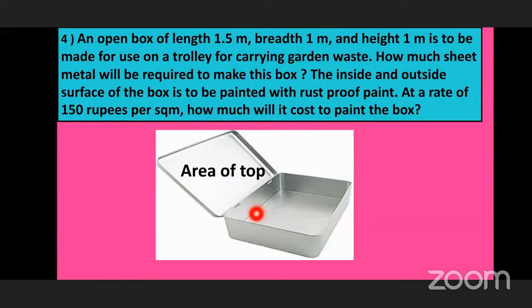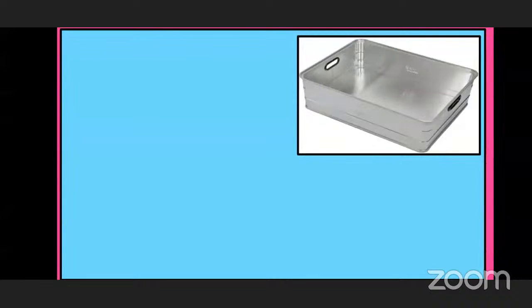I am repeating again, listen carefully. As the box is open, we have to remove the area of the top from the total surface area of this box. Now this is a rectangular box whose length is 1.5 meter, height is 1 meter, and breadth is 1 meter.